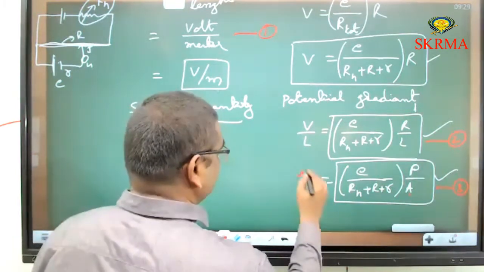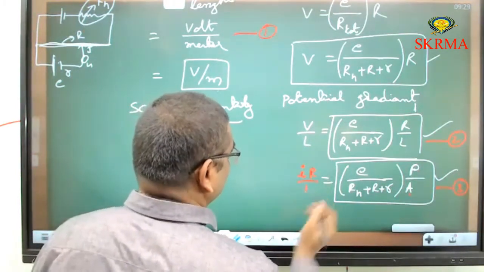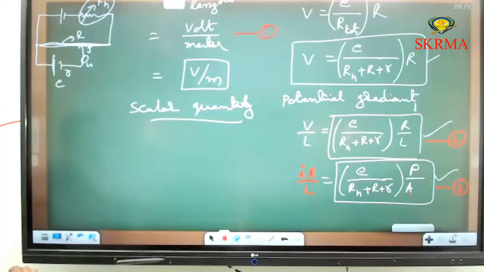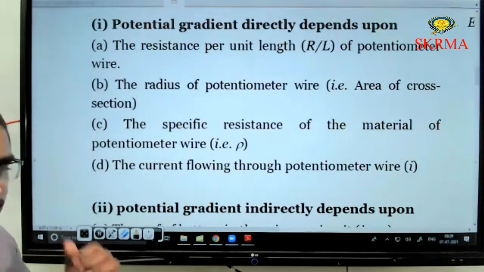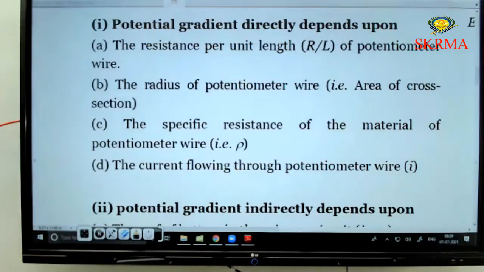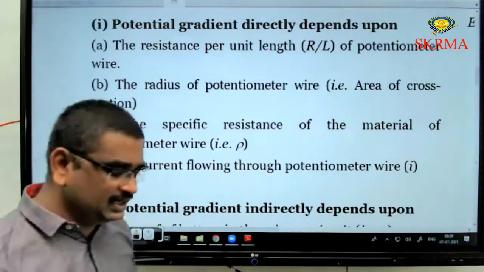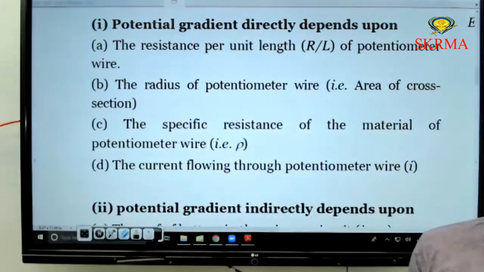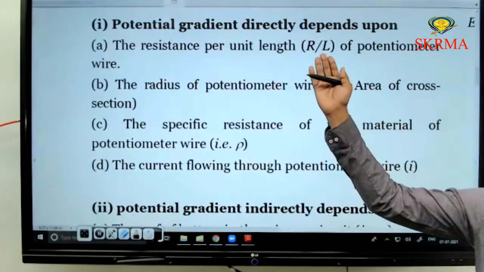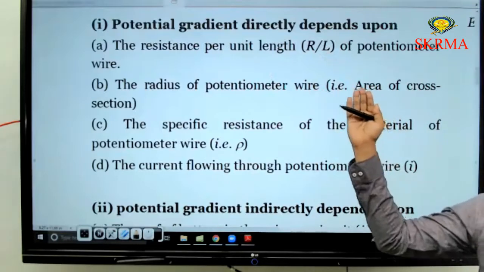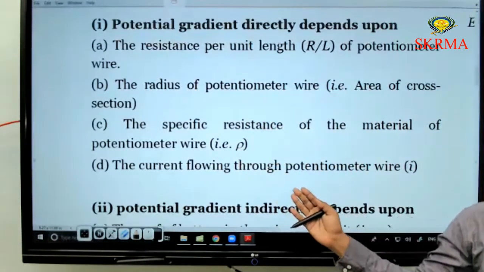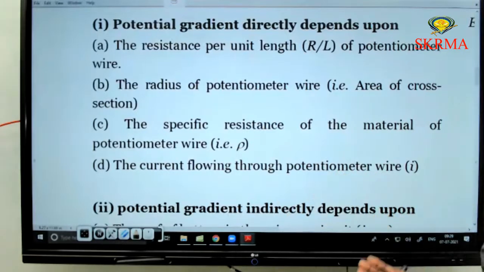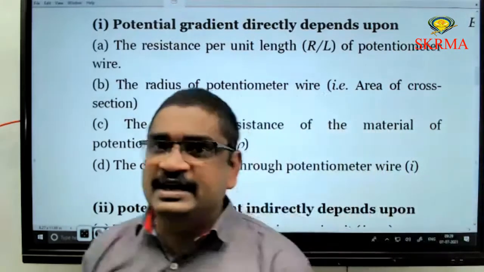V can be written as I into R by L. These are the main factors of potential gradient dependency. Check it once again. Potential gradient depends on first R by L, next area or radius, next resistivity rho or specific resistance, next current. On these 4 factors, potential gradient depends.